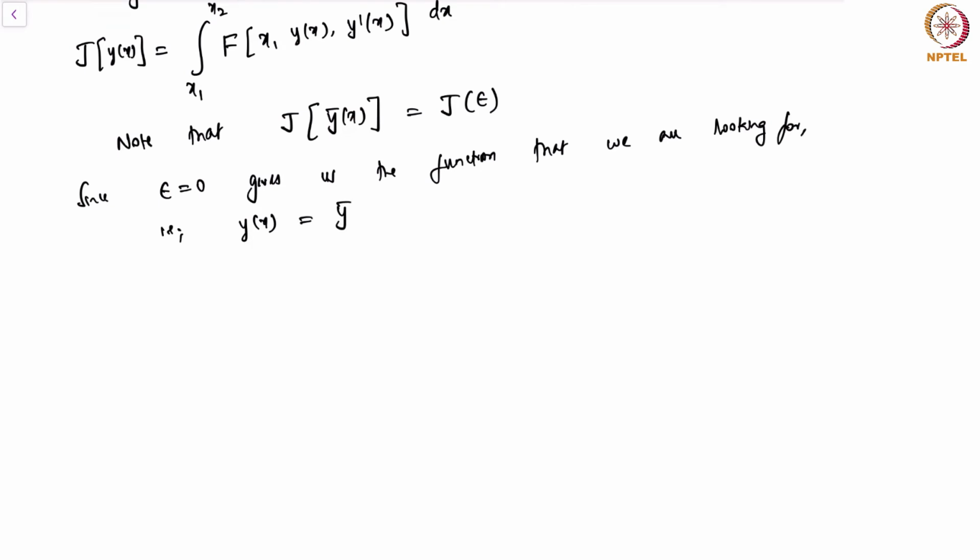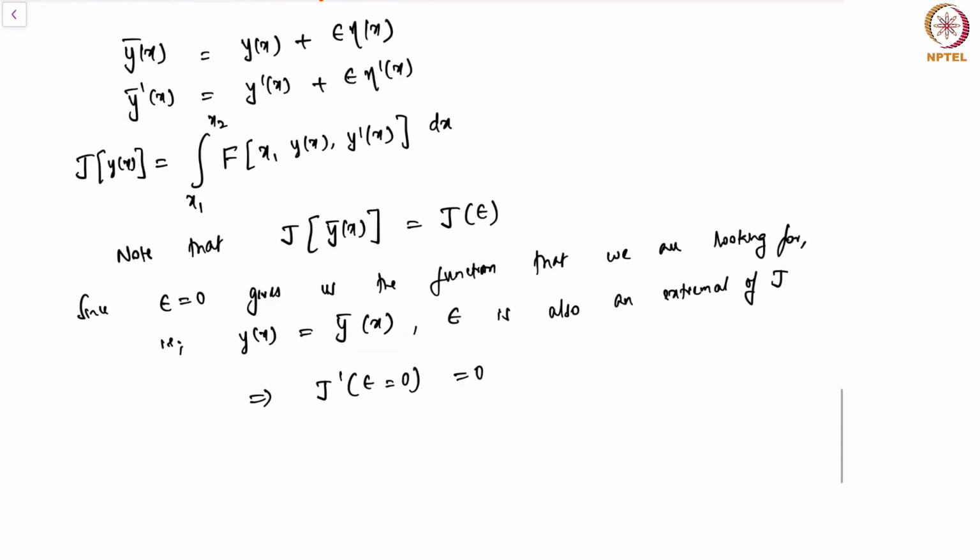Essentially y bar of x becomes y of x when epsilon goes to 0. Then epsilon equal to 0 is also an extremal of J. In other words, J prime at epsilon equal to 0 is 0.